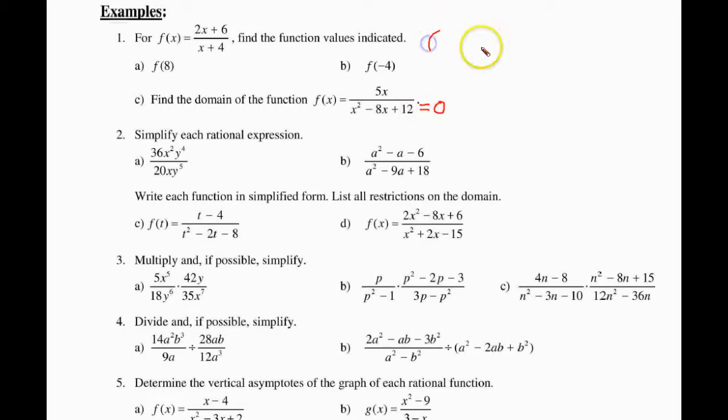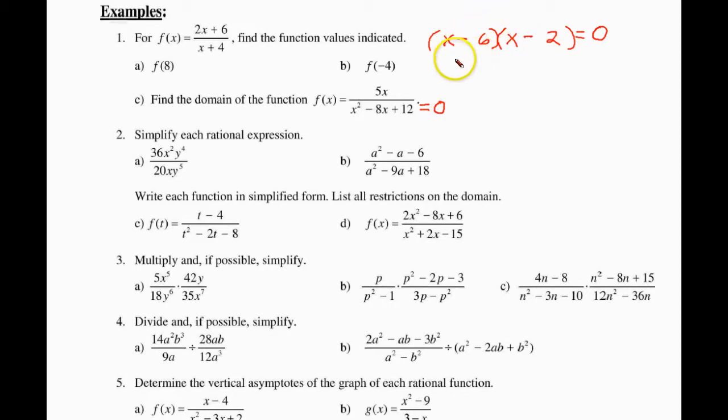And now we'll factor that denominator, sort of like finding the zeros. x, 2, 6. Factors of 12 that when we add them together give us an 8. But this is negative, this is positive. So both of these need to be negative.